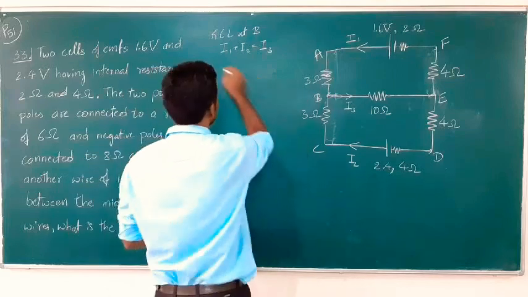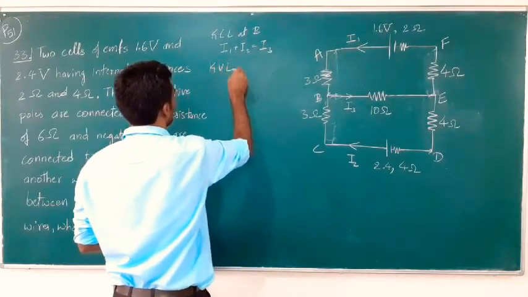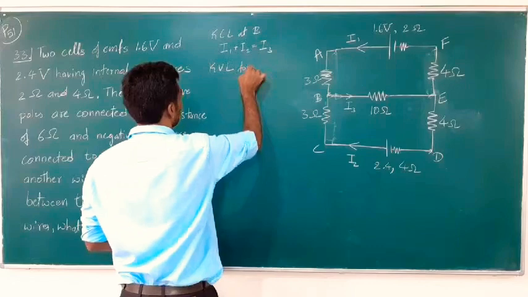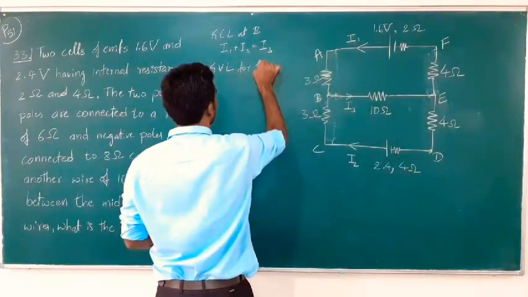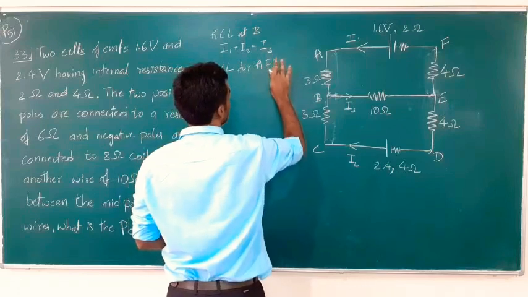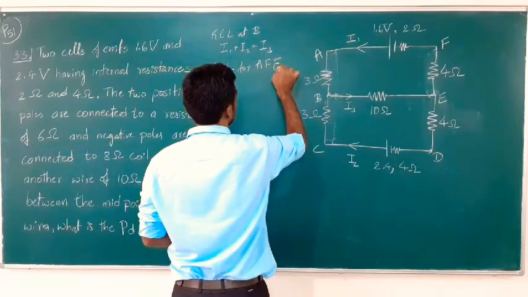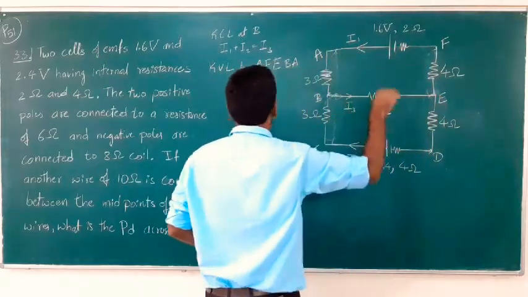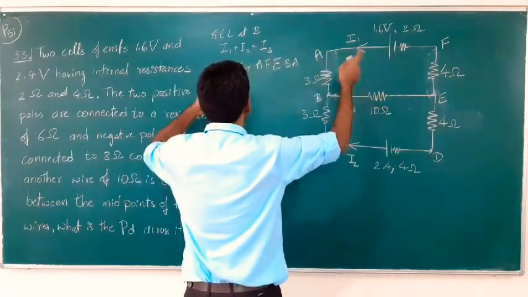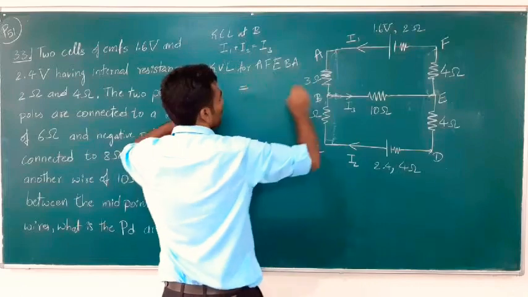Next, KVL. We have two loops. KVL for A, F, E, B, A, like this. Okay, I'll do it faster. Okay, you just need to go with me.